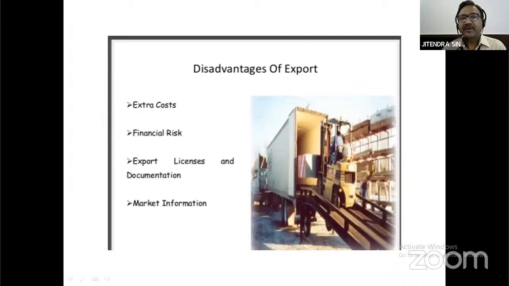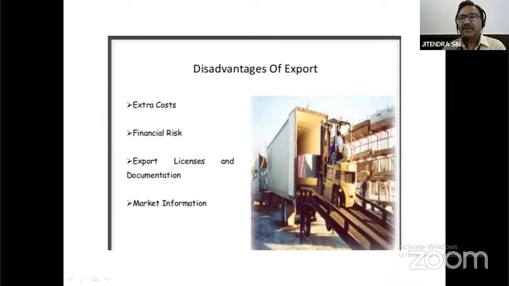The second problem is financial risk. Suppose we are exporting our consignment to Nigeria. Initially, the importer or buyer pays us 20% as a part payment or as an advance, 20% only.